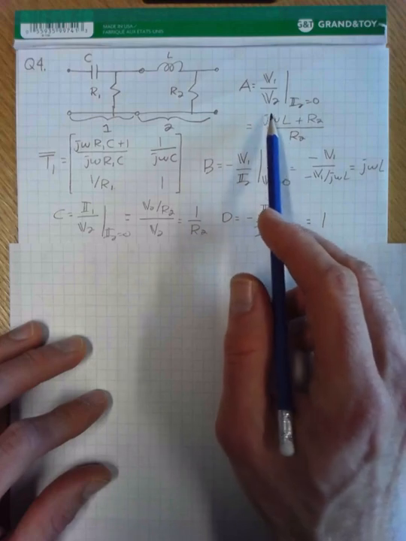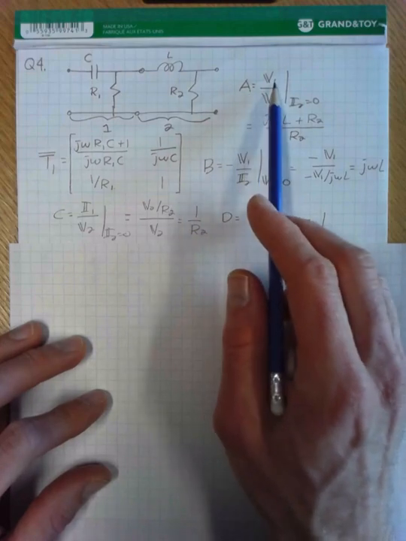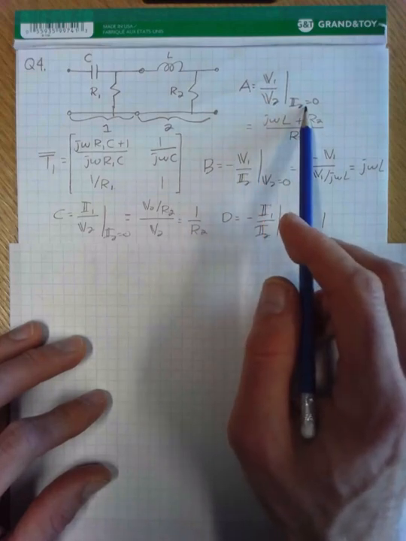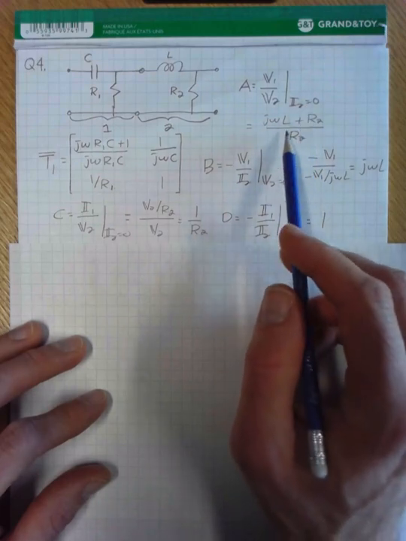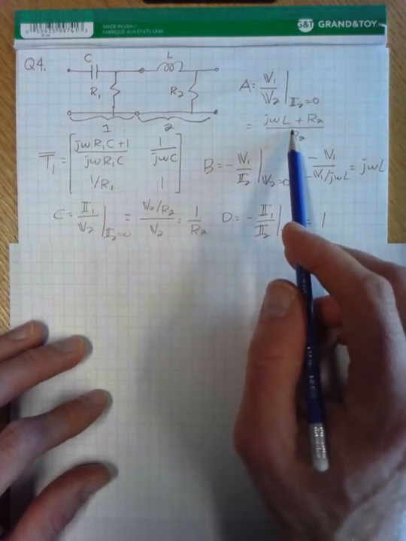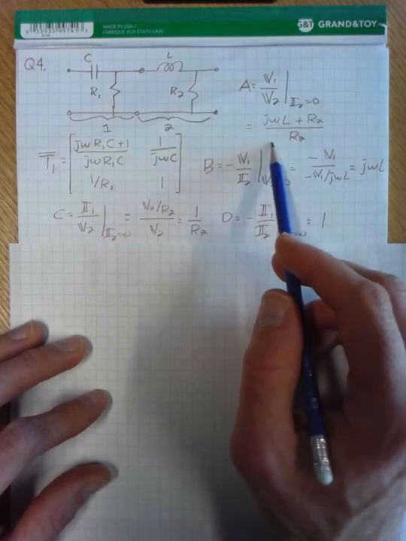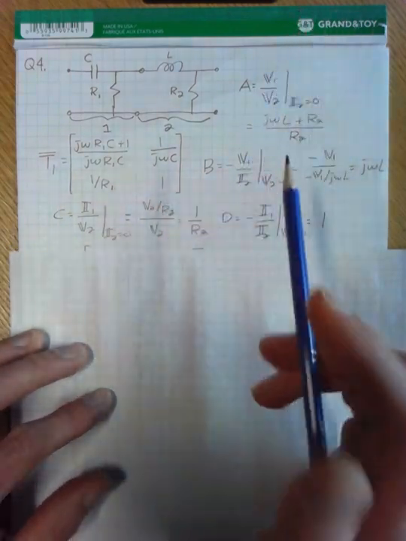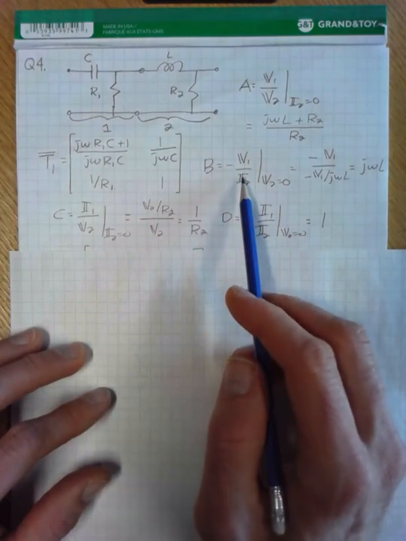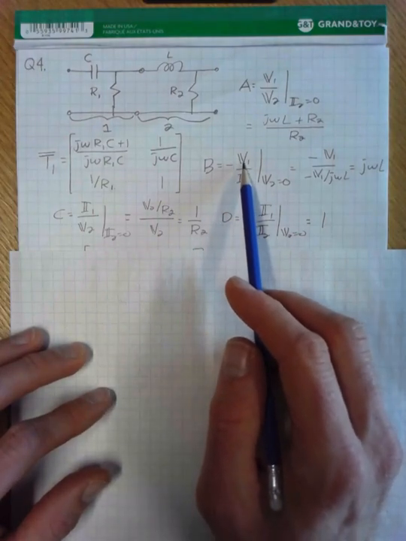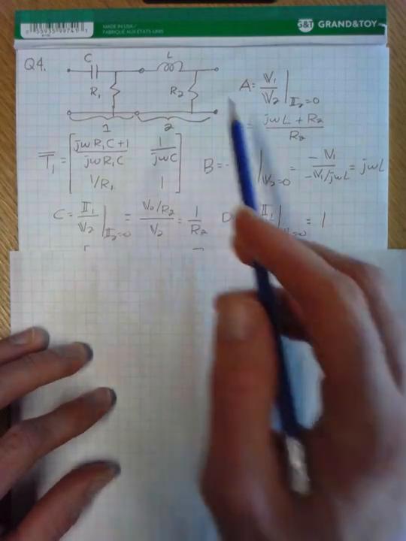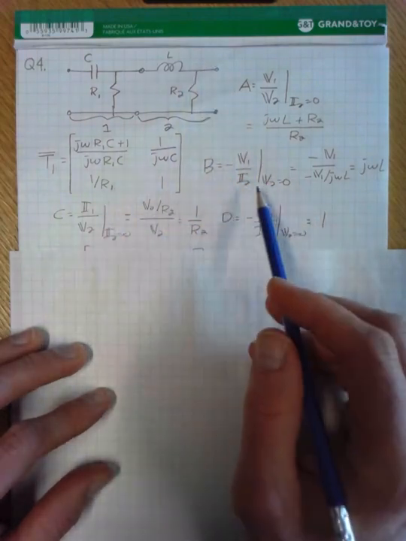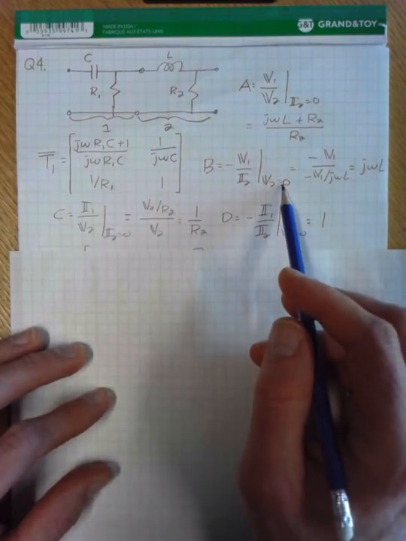So the A parameter for system 2 is V1 over V2 when we have an open circuit, and that's just equal to the inverse of the voltage divider equation. So this is the A parameter. The B parameter is the negative of the input voltage divided by the current going in the upper branch when we short circuit the output.